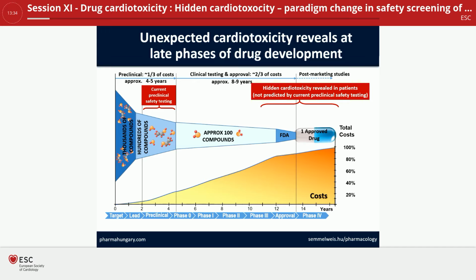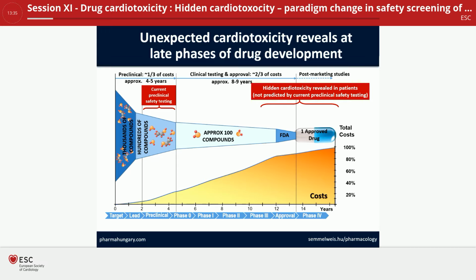Why is that? Because we have to make sure that when the phase 0 or phase 1 clinical trial starts, the drug is safe. So the first man who will meet with this new compound or new therapeutic preparation, it should be safe and, of course, not kill the patients.